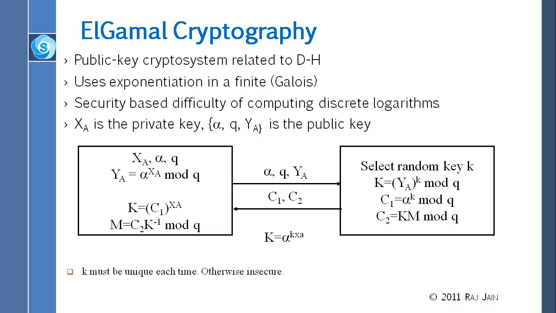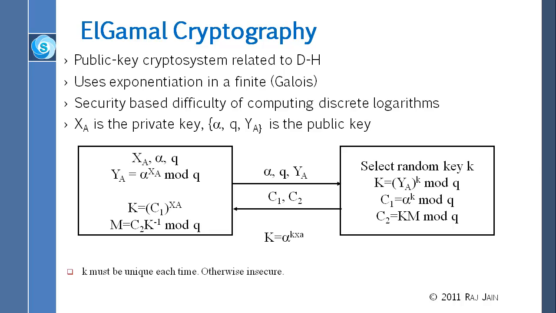Unfortunate choice of symbols, K. But anyway, little k and capital K. You calculate these two quantities, C1 and C2, and send them to the other side. Nobody can decrypt these ciphertexts, C1 and C2, but the other side can decrypt them and get back M, which is the message, the plain text.